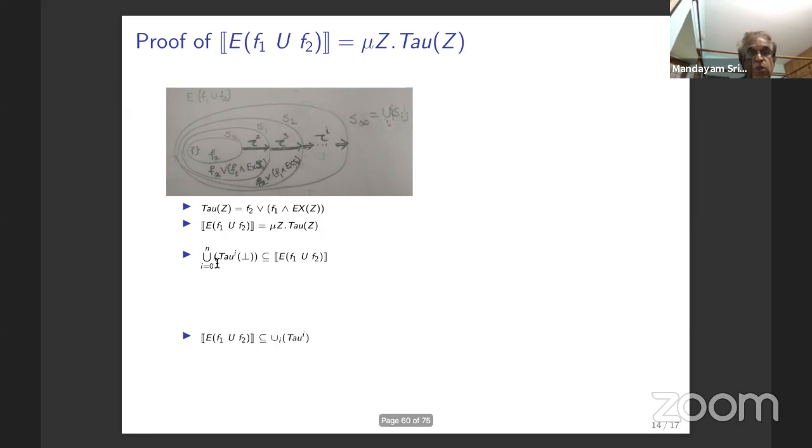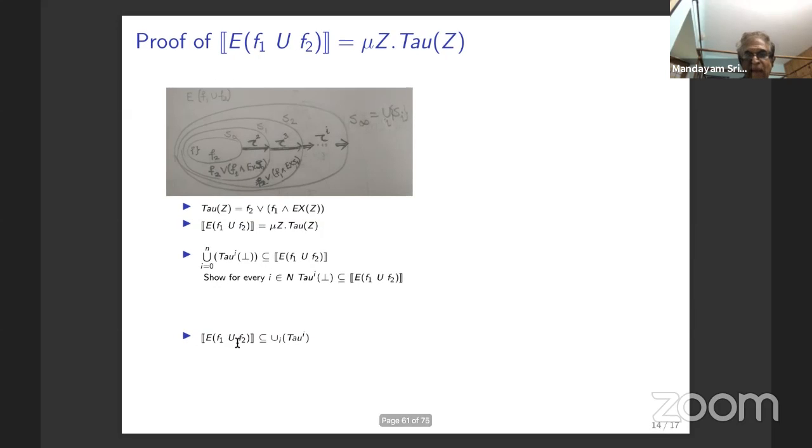Showing this equality, since both are sets, requires you to show that this least fixed point, which is the union because we are computing the limit of an ascending chain, the union of all the Ti's, is contained in E F1 until F2, as well as the other direction.